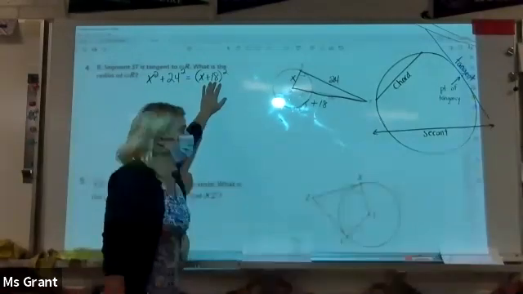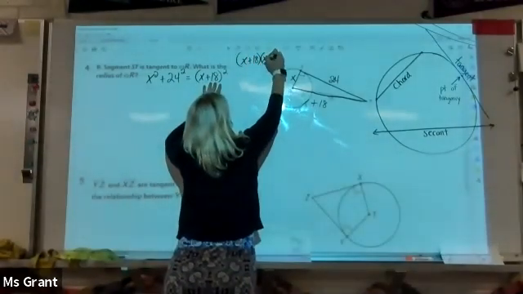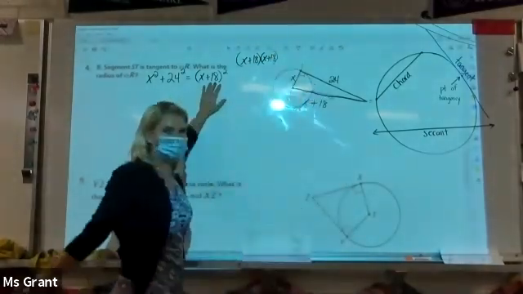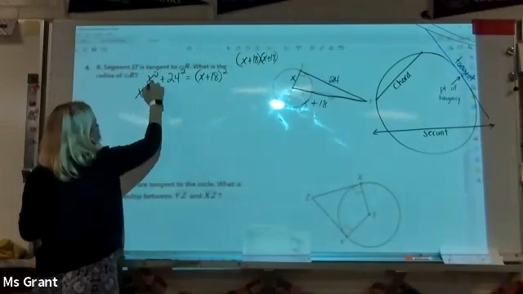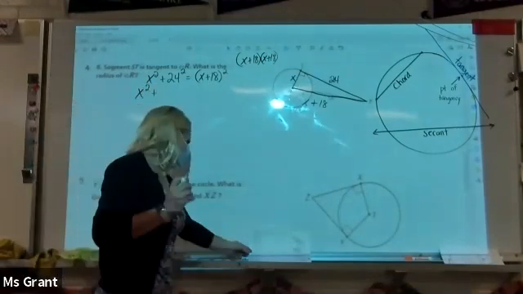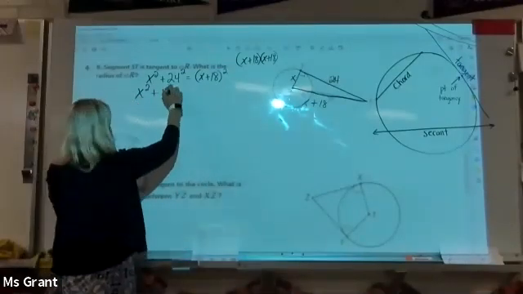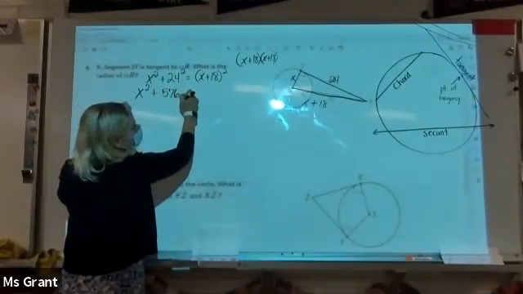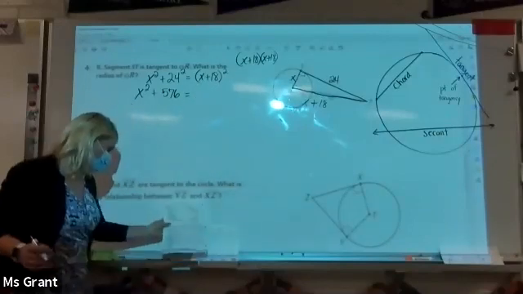This is a binomial that I need to expand, X plus 18, X plus 18, right? 24 squared is 576. And then I have to expand it, FOIL.